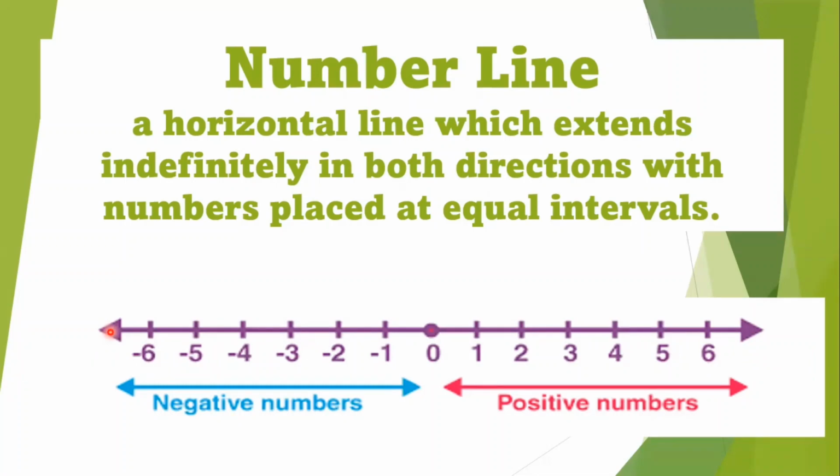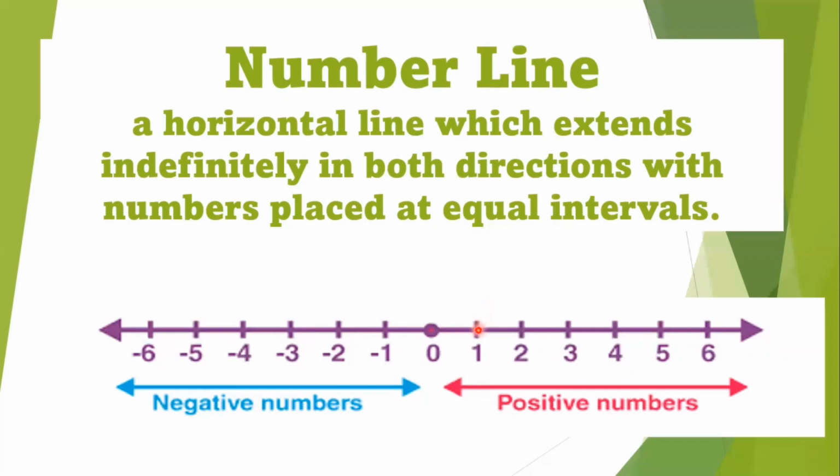Next, we also have the numbers on a number line na dapat ay nakapwesto ng pare-pareho ang agwat sa bawat isa at pare-pareho din ang layo ng bawat isa kung i-count mo siya or kung bibilangin mo. Kung napapansin nyo, ang agwat ng ating mga numbers here on the number line presented is 1.